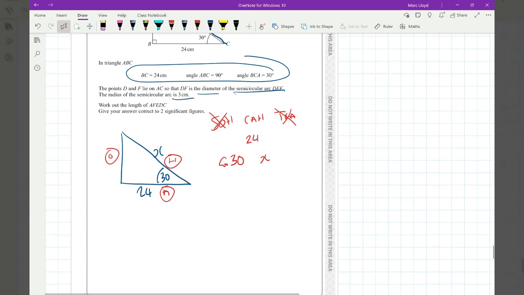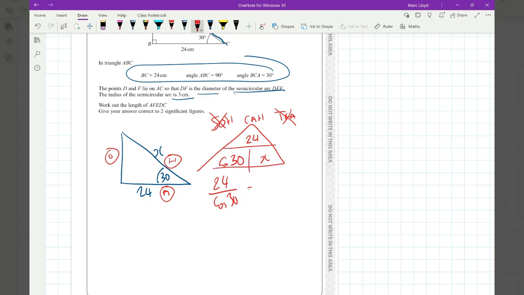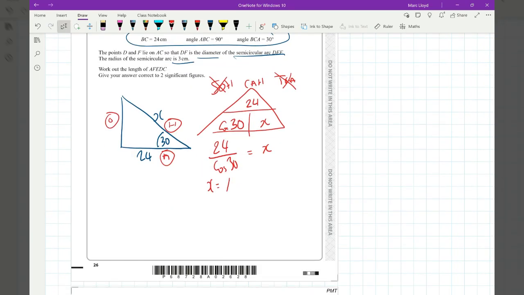So 24 divided by cos 30, because that's how my triangle's worked out, will equal x. X equals 24 divided by cos 30, 16 root 3. If we want to write it as a number, it's 27.713. We'll leave it like that.